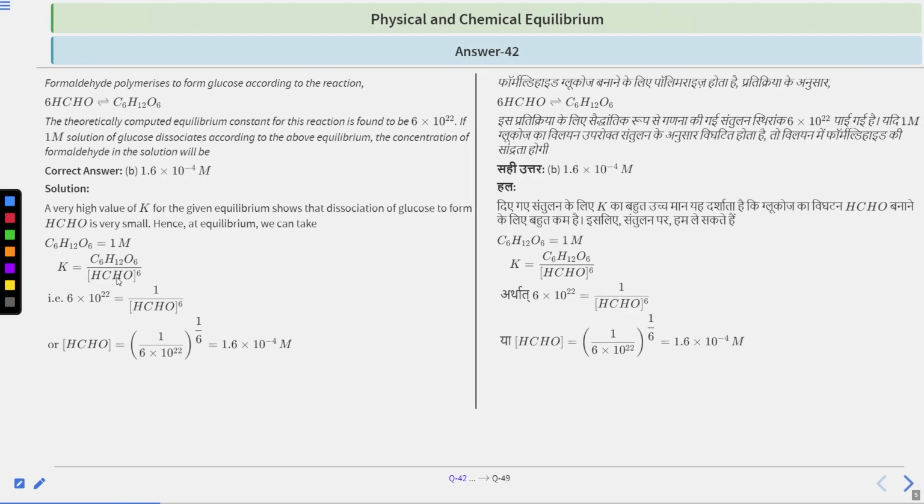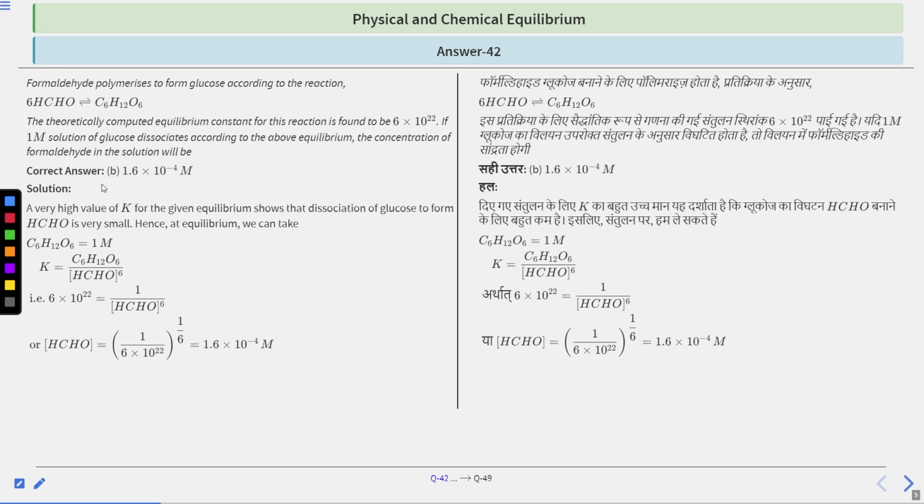Okay, let's see. Our correct answer is option B, that is 1.6 into 10 to the power minus 4. There is a very high value of K for the given equilibrium.